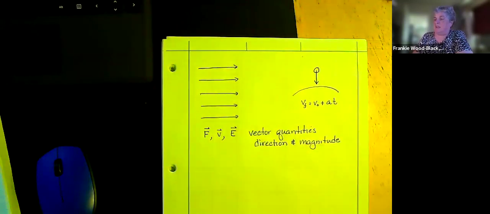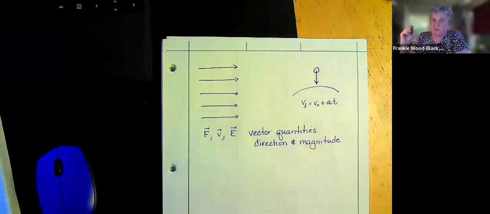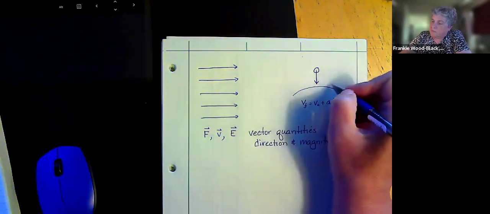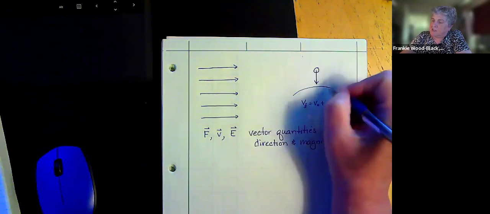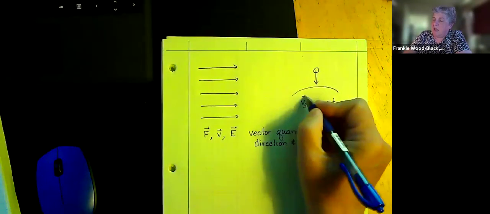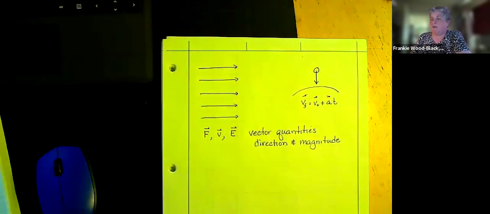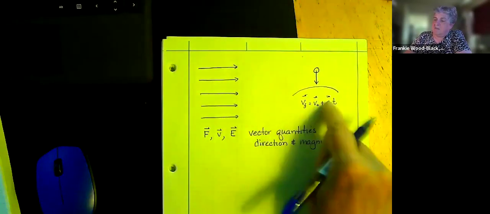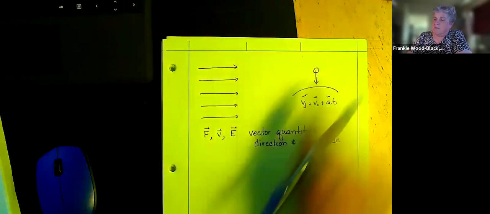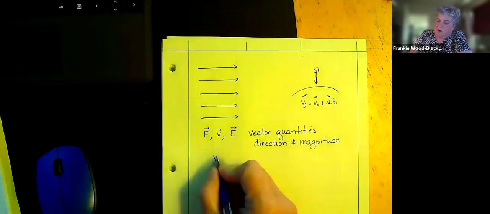Now, when we were in General Physics 1, we talked about how we could do this same problem, and we didn't necessarily have to use these vector quantities, because we had our concept of work.